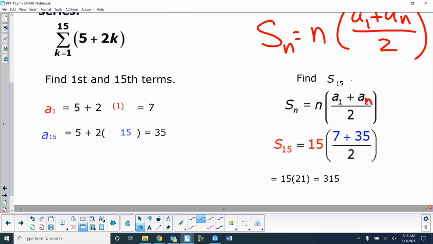Questions? Those are the types of problems you have to do. You gotta find a term. You gotta fill in the blanks in between. And you gotta find sums. So let's try one of each. Get out a sheet of paper and we'll practice a couple.